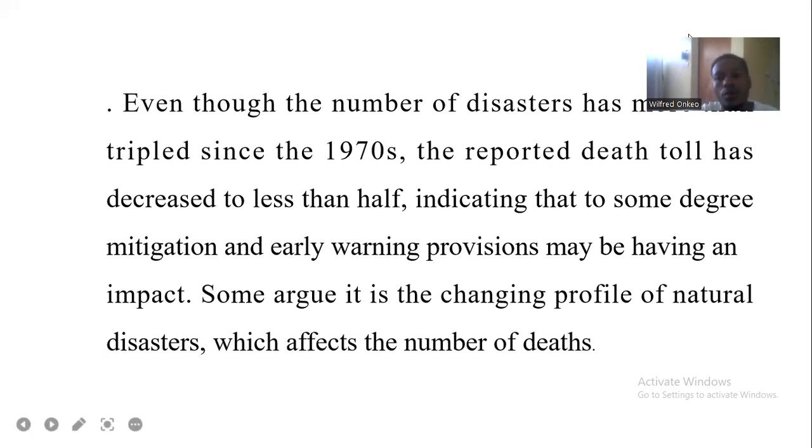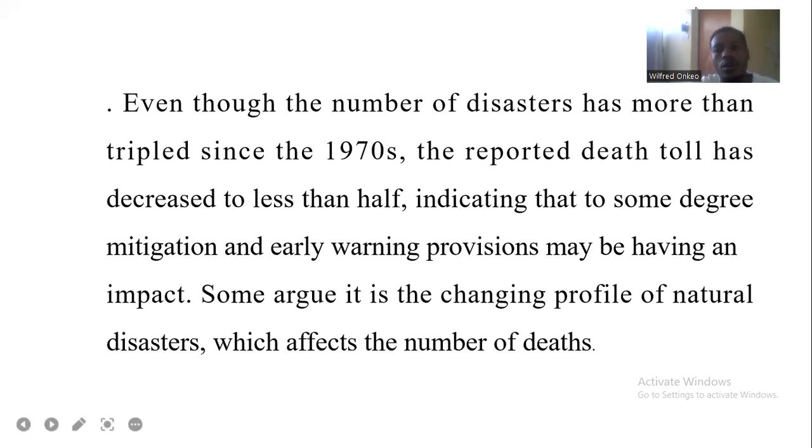Even though the number of disasters has more than tripled since the 1970s, the reported death toll has decreased to less than half, indicating that to some degree mitigation and early warning provision may be having an impact.